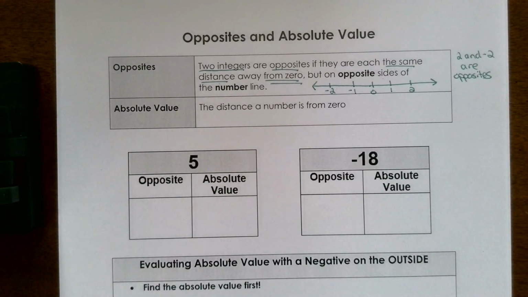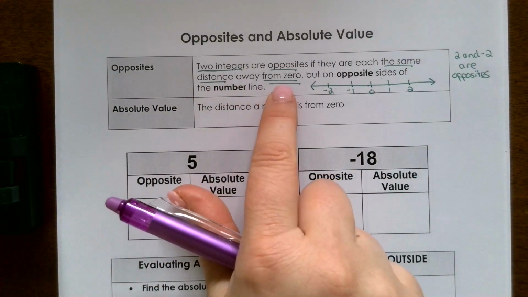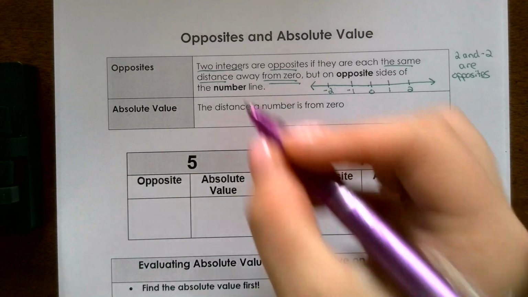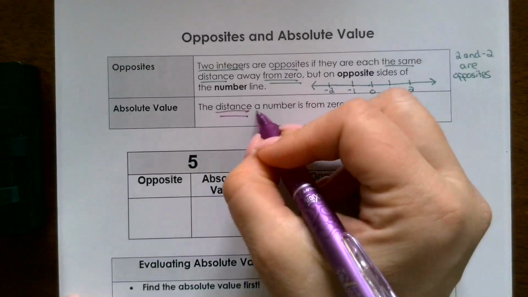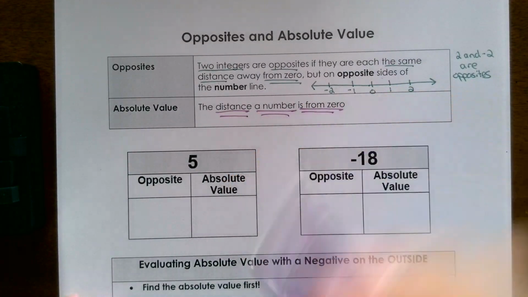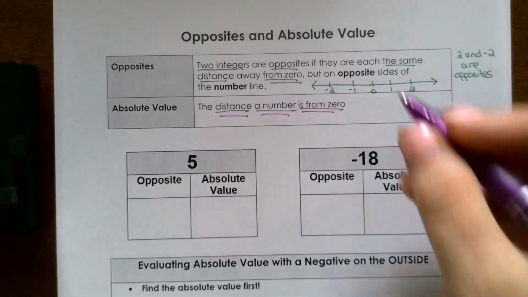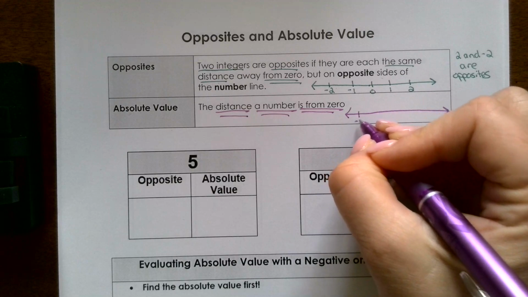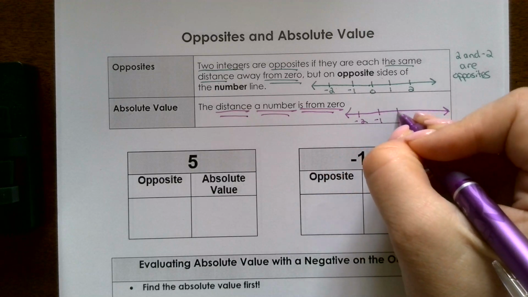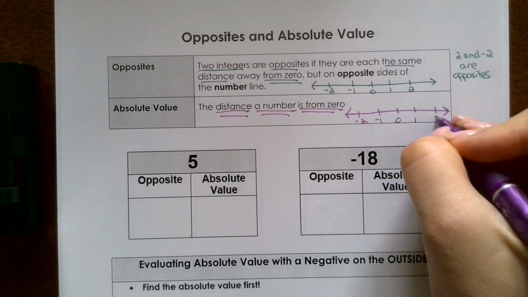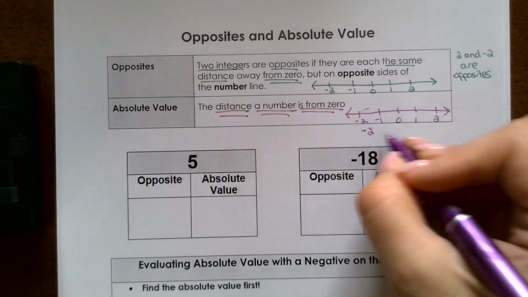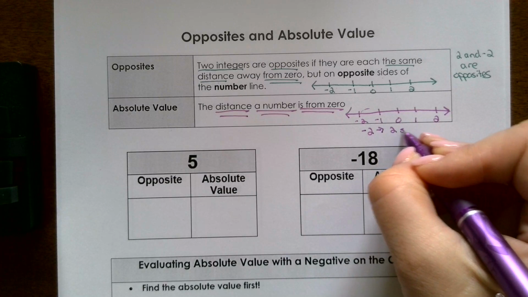Absolute value is a bit different because it does have to do with the distance from 0, but it's not talking about opposite sides of the number line. It just is straight out the distance a number is from 0. So back to the number line, if I take a number line and I have -2, -1, 0, 1, 2, I know that -2 is 2 spaces from 0.